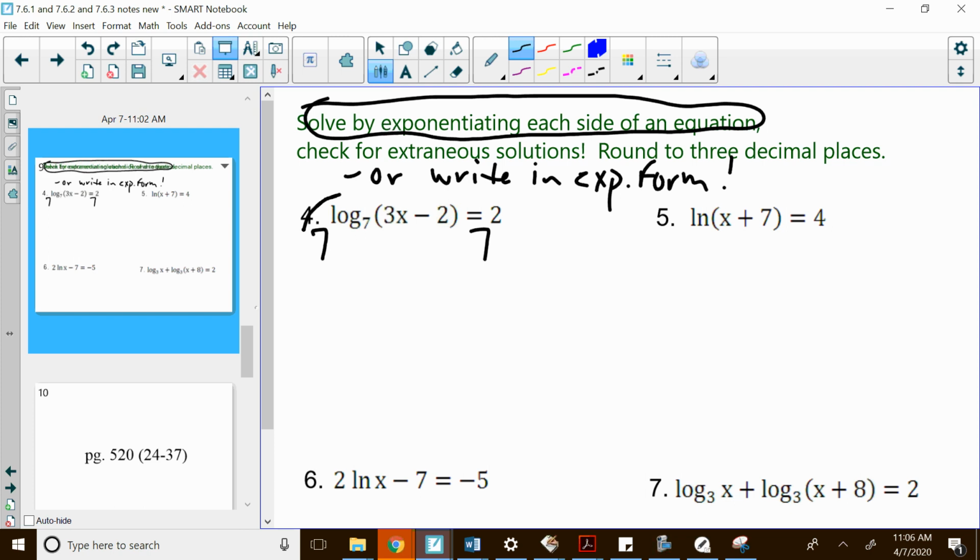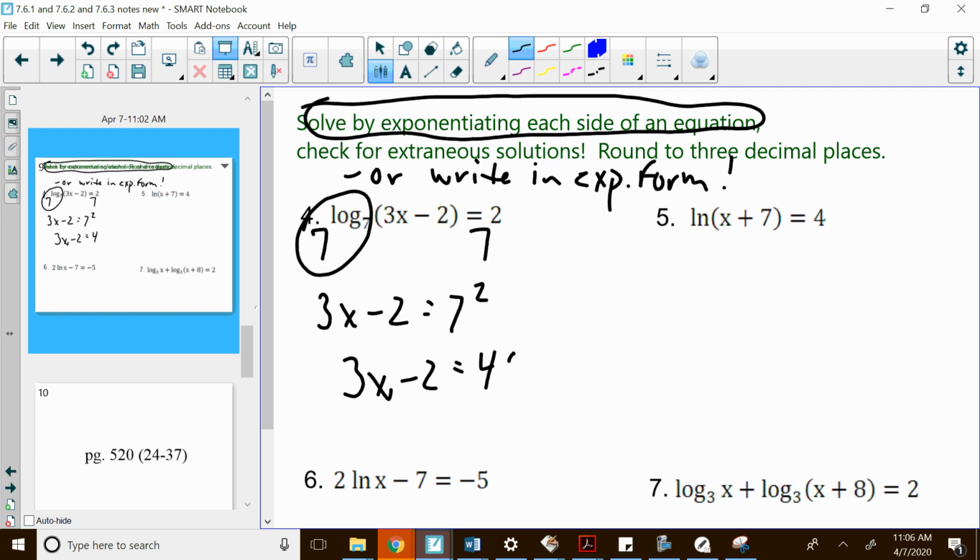That will eliminate the 7 and the log base 7. Those are inverses of each other, and you would just get 3x minus 2 equals 7 squared, which is 49. 3x equals 51, and x will equal 17.